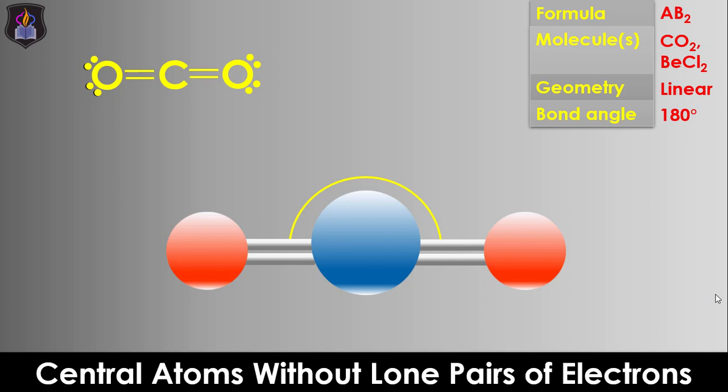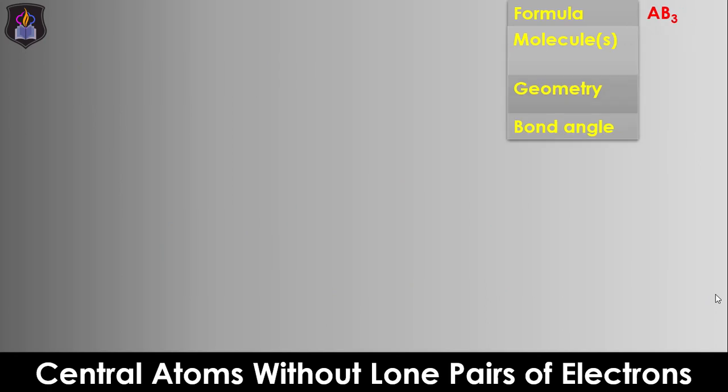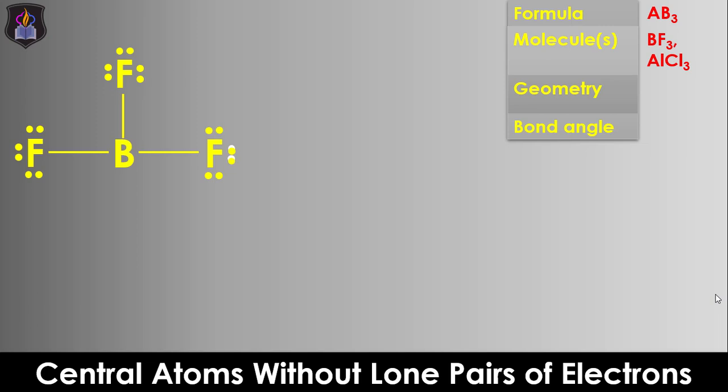Next are molecules consisting of 3 surrounding atoms around the central atom. Examples are boron trifluoride and aluminum chloride. In boron trifluoride, 3 fluorine atoms are covalently bonded to a central boron atom, as represented in its Lewis structure.